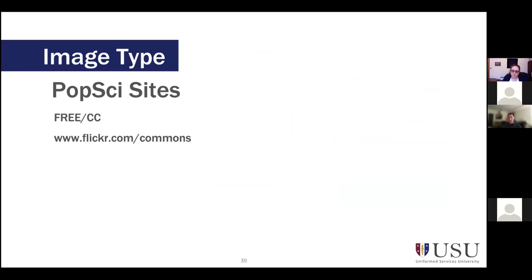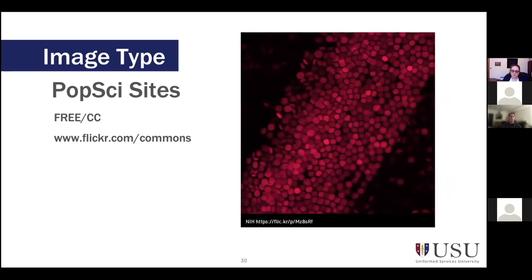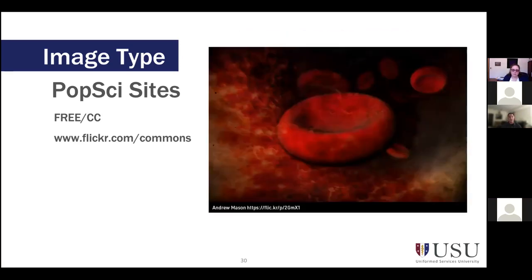Another great site is the Flickr Commons site, and this is good because it has photos that people have submitted. There's also National Institute of Health posts up to Flickr as well, and individuals post their artwork. So these serve as good transition points or just images of general interest, not specific to any sort of topic or anything like that.